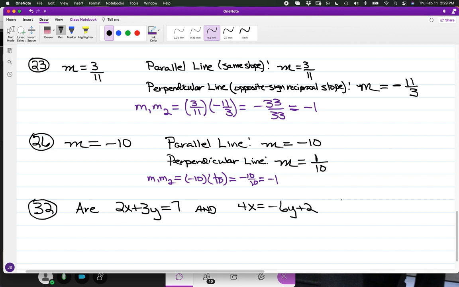You're asked if they are parallel, perpendicular, or neither.